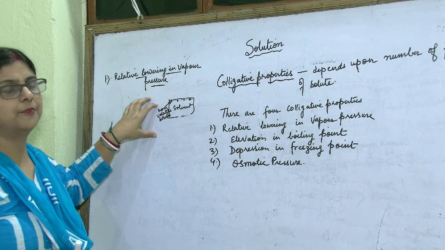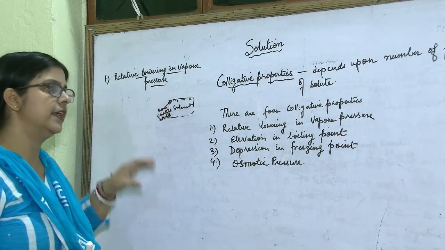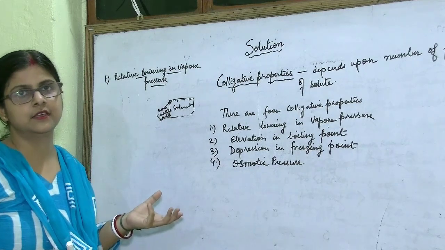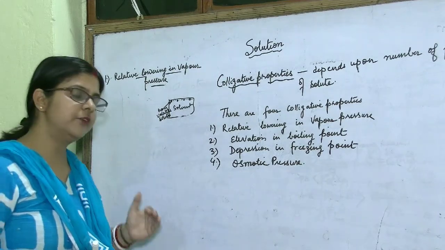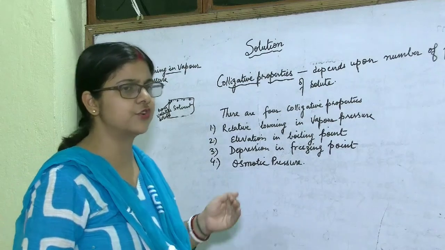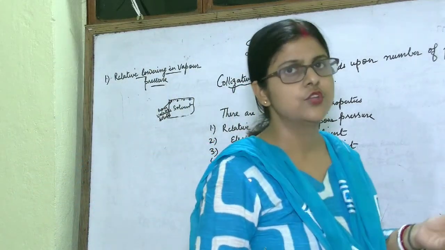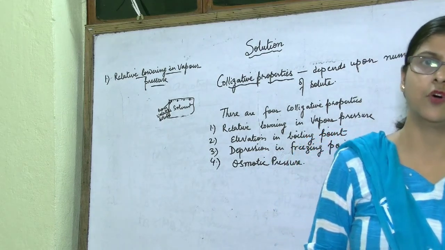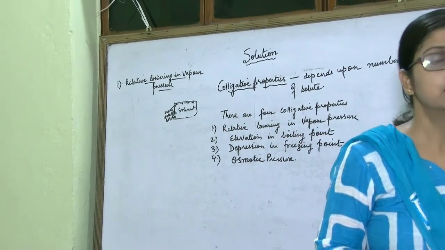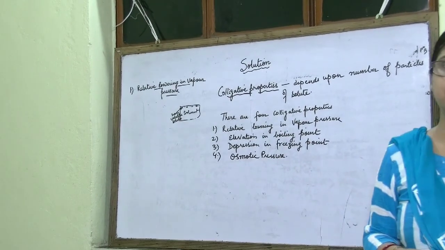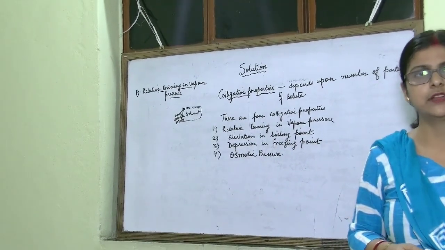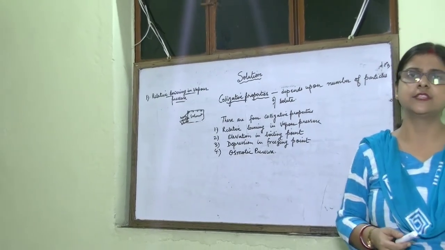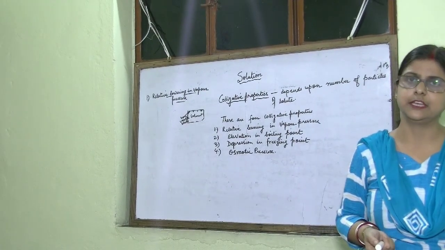So the escaping tendency of the solvent particles will decrease. Whenever we add a non-volatile solute to a volatile liquid, the vapor pressure of the solution will definitely decrease, because the escaping tendency of the solvent particles decreases.